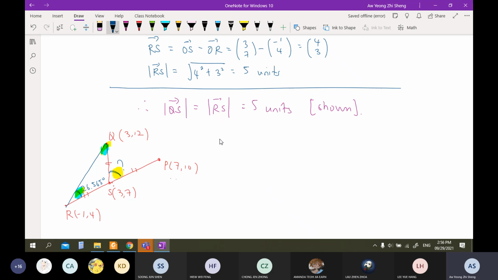Angle RQS is the same as angle QRS. It's equal to 26.565 degrees, because triangle SQR is isosceles.